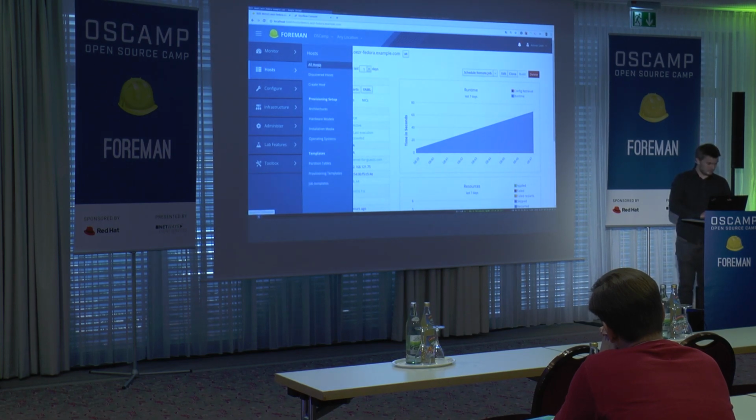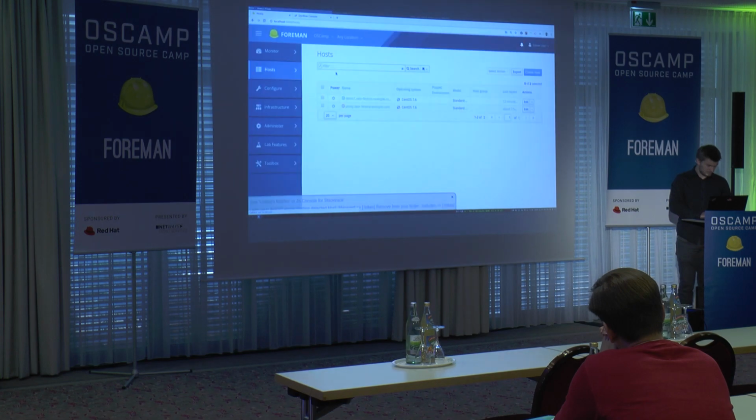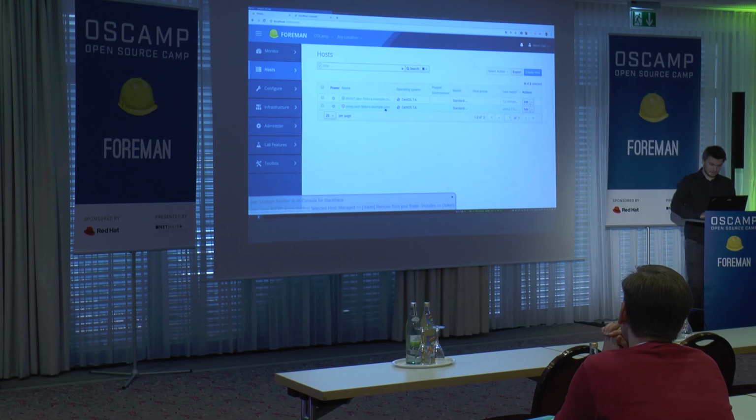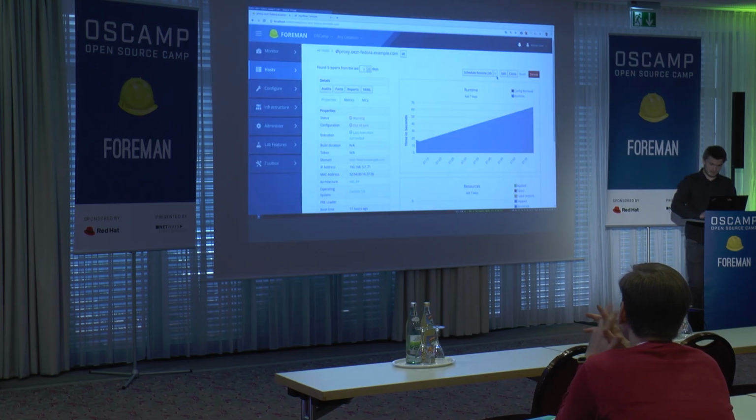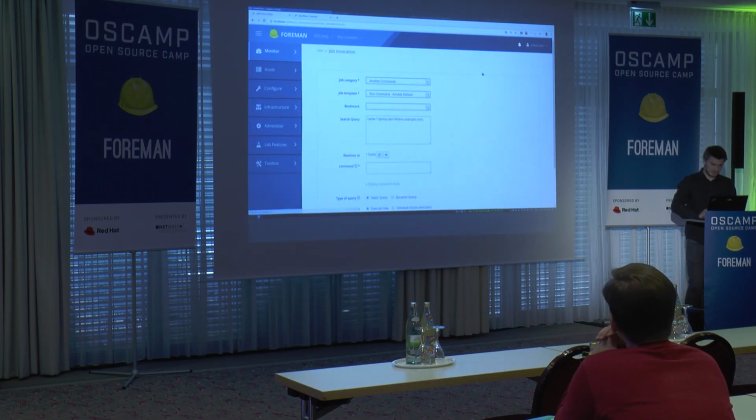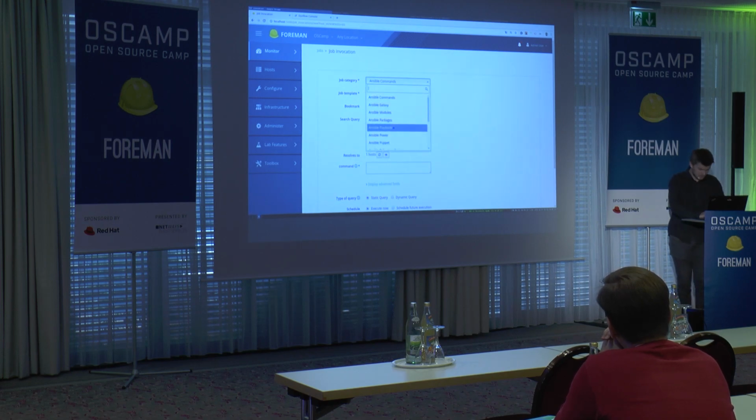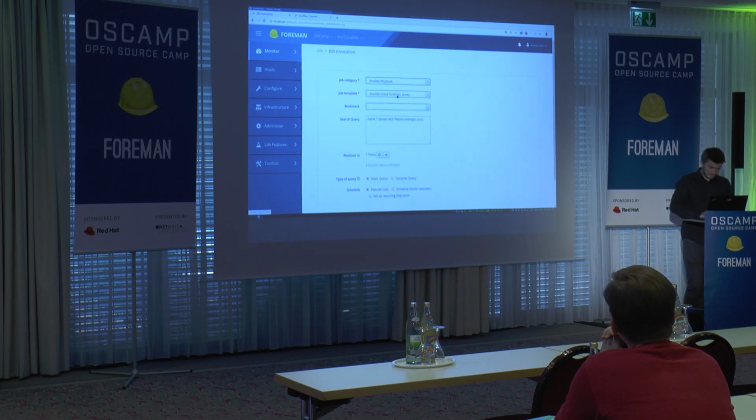And I can have the other one, which would be my production proxy. And I can schedule my created job in here to see how to run those job templates. I have it in category Ansible playbook. And Ansible install Foreman proxy, that's the playbook we just defined.